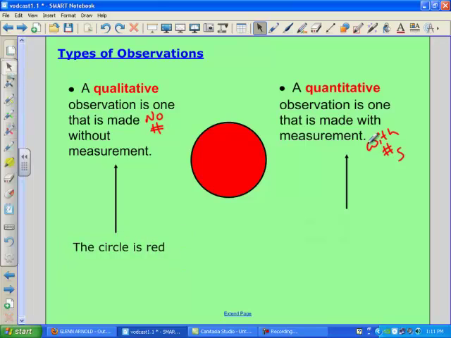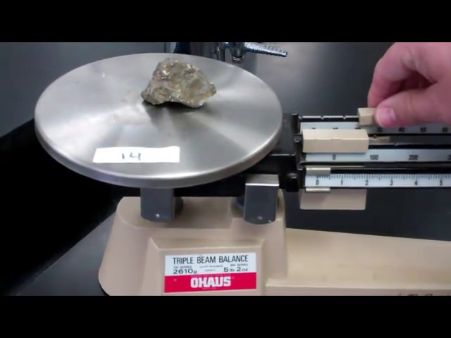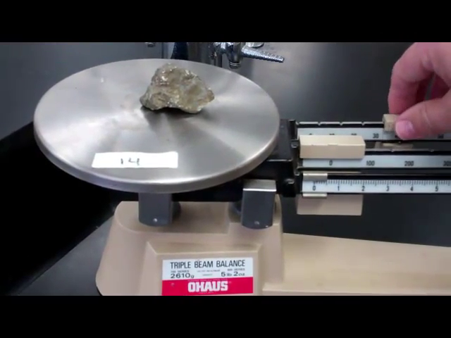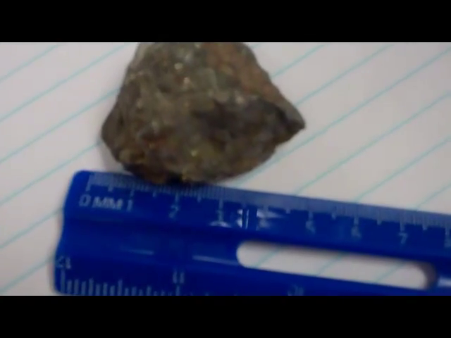So if we say the circle is red, that's a qualitative observation. If we say that this circle has a radius of 20 centimeters, that's a quantitative observation. That's a measurement, and in science we really want to try to get measurements. We can get those in various ways. Maybe we're weighing something on a balance.